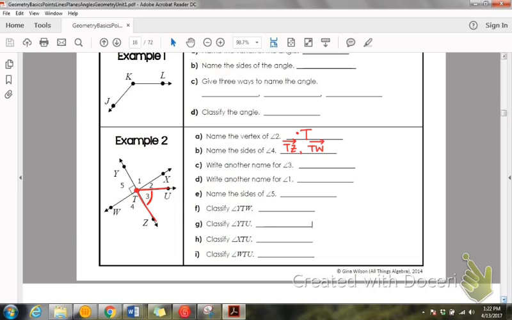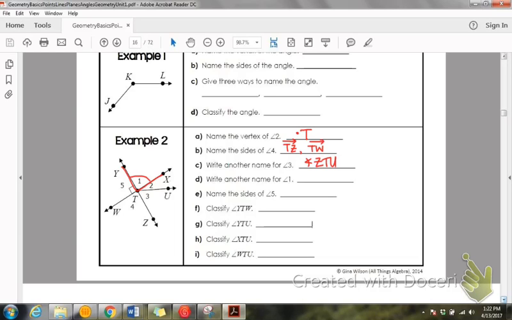So I have to start on the outside. So what's one of the ones on the outsides? Okay, TZ. So if we start out here with Z, I can go from Z to T and then to U. Okay? So we could say angle ZTU, or UTZ, which is what Brian said the first time. Okay. Write another name for angle 1. Donald Schrock. Angle 1.